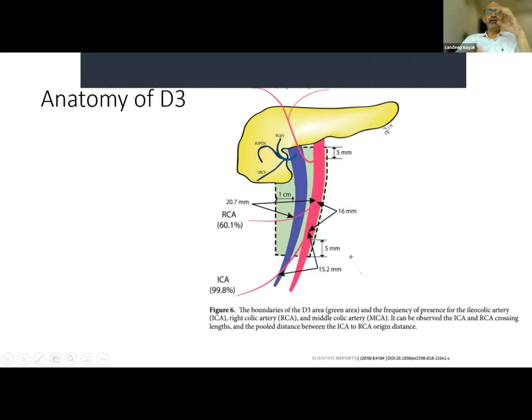So that is the extent of the D3. This is the area we talk about when we say we have completed a D3 dissection for right colon. And of course, central vascular ligation means the artery should be ligated at origin. That's what we are talking about.